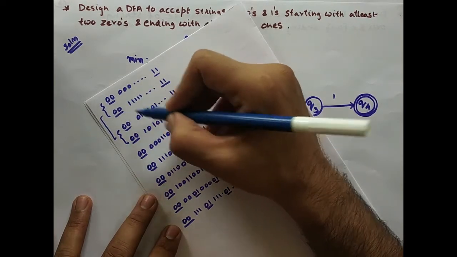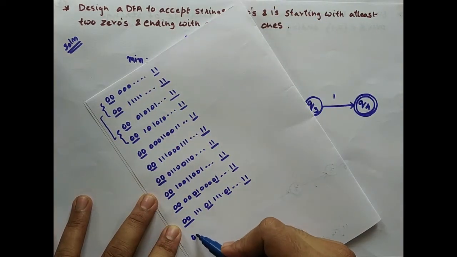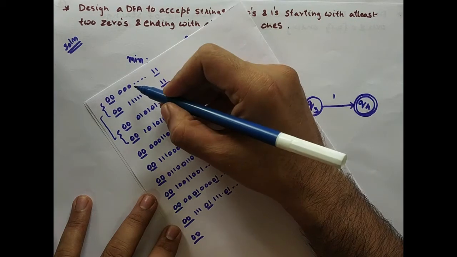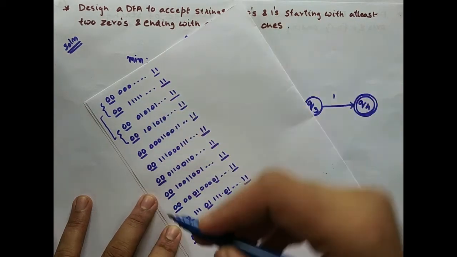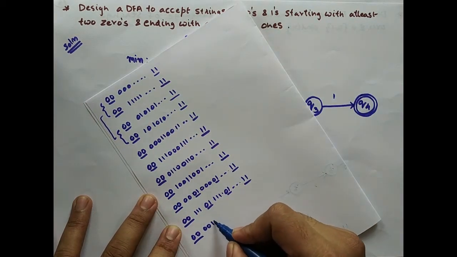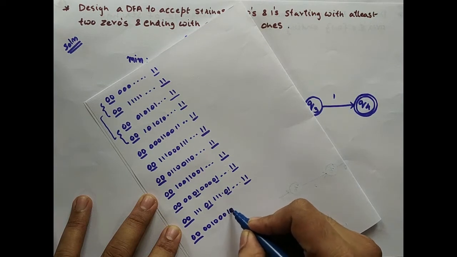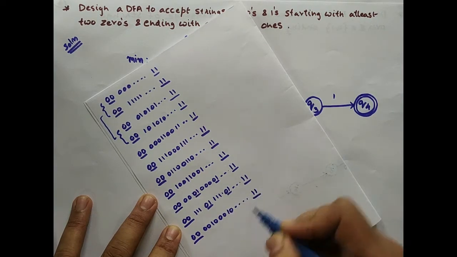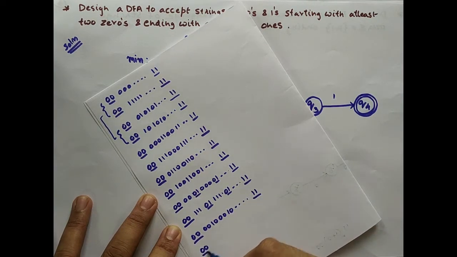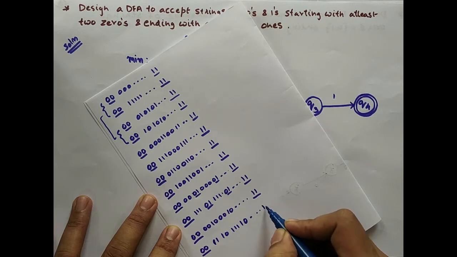Then the same combination you take with 1, 0. So starting with two zeros, you have some zeros 1, 0, then again some zeros 1, 0 and so on, ending with 1, 1. Then again you have some ones 1, 0, then some ones again 1, 0 and so on, ending with 1, 1.